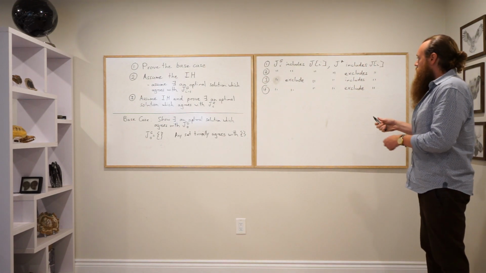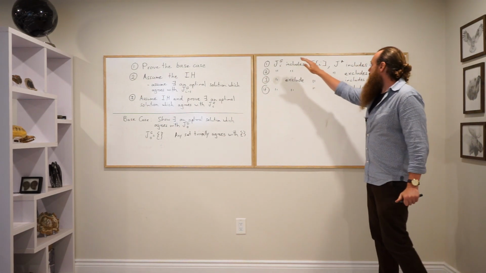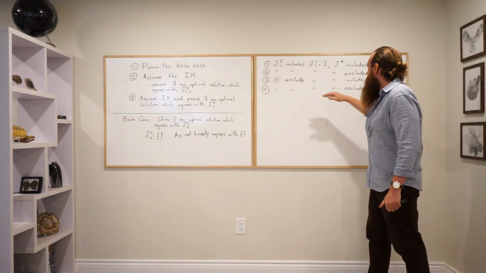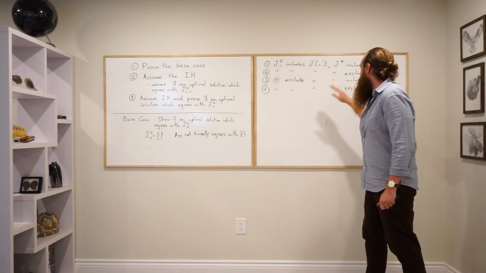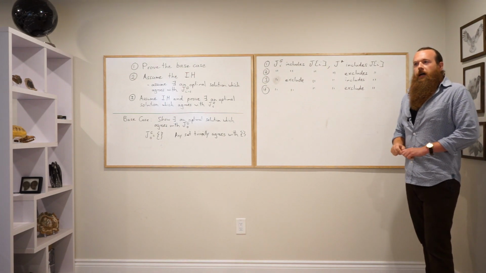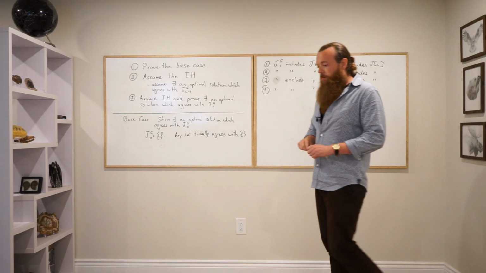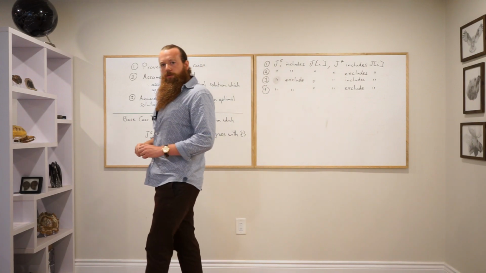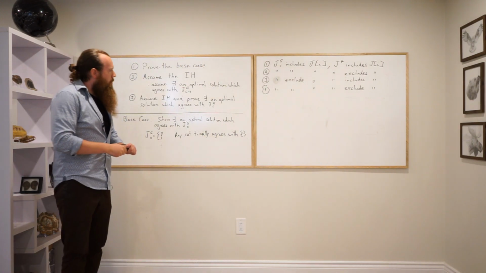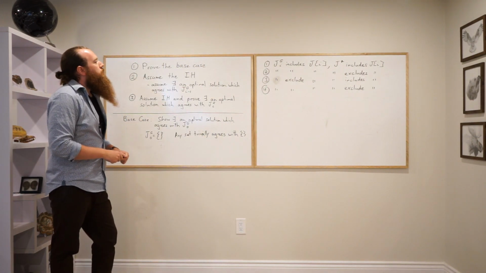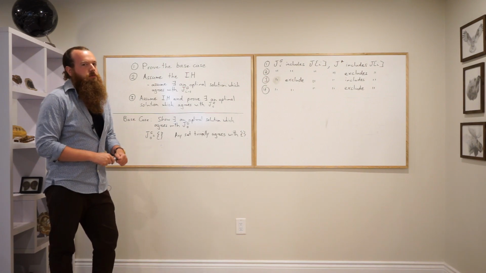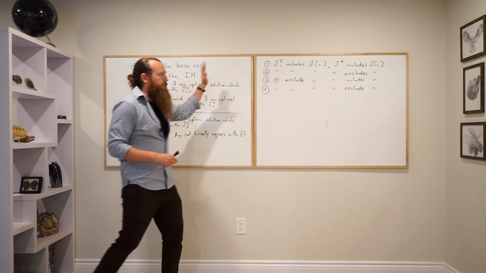So we're just going to brute force these cases. So basically we have include, exclude, exclude, include, exclude, exclude. And remember, we're trying to show that there exists an optimal solution that agrees with our greedy solution. Two of these cases right off the bat, and I should say these cases are exhaustive, right?